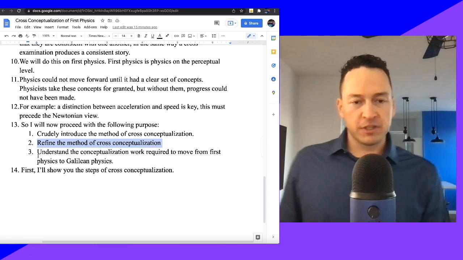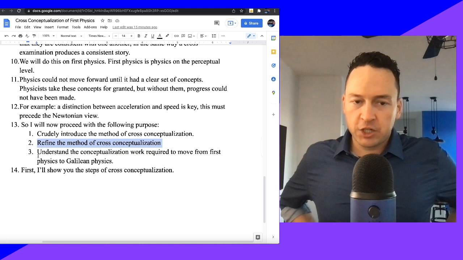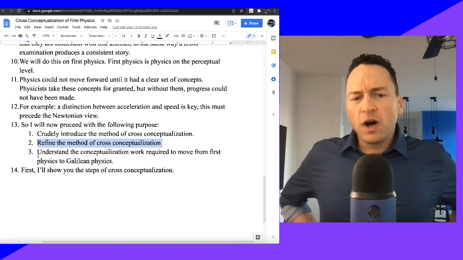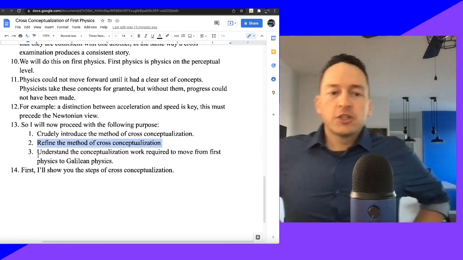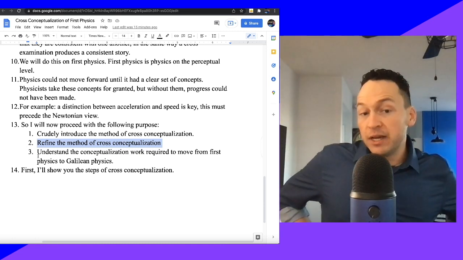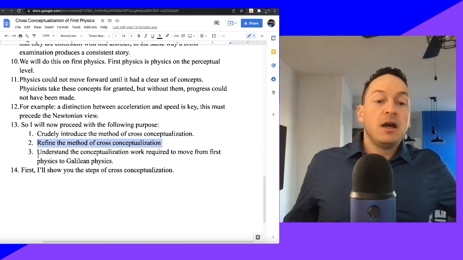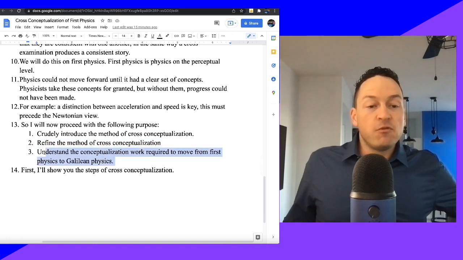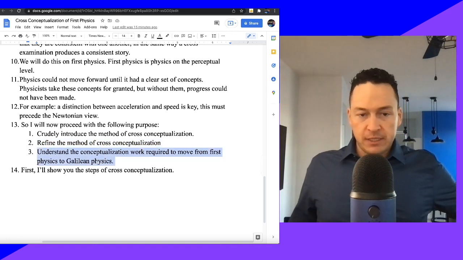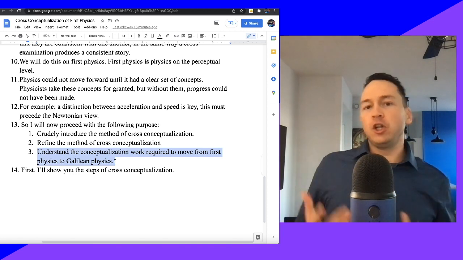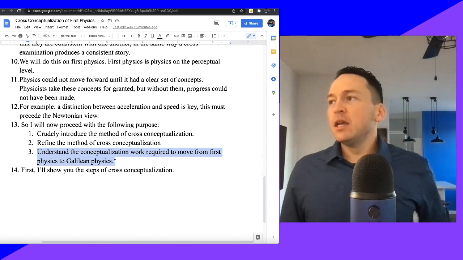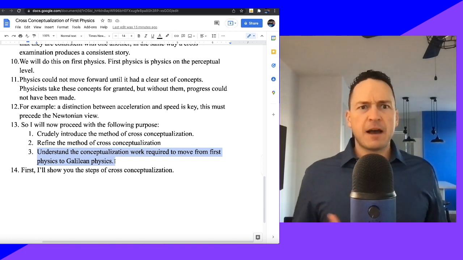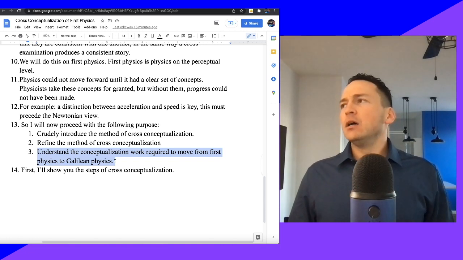So I didn't want to present the method of cross-conceptualization while trying to conceptualize a totally new subject matter. So instead, what I'm going to do is do it on physics. And I'm going to do it on first physics, the kind of physical laws that you might encounter when you really haven't thought about physics before.